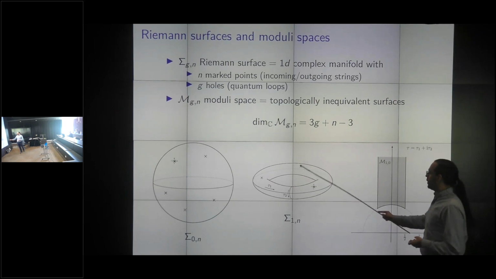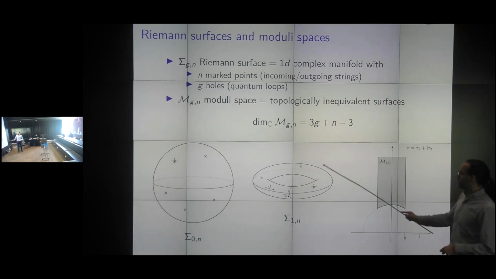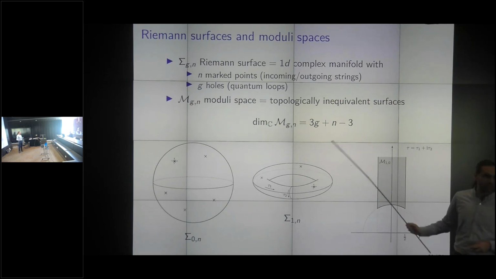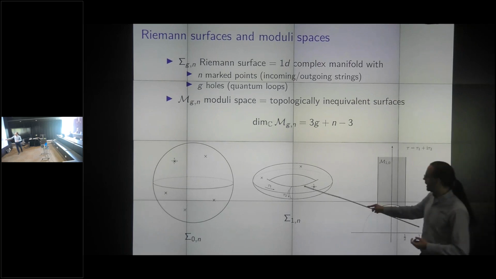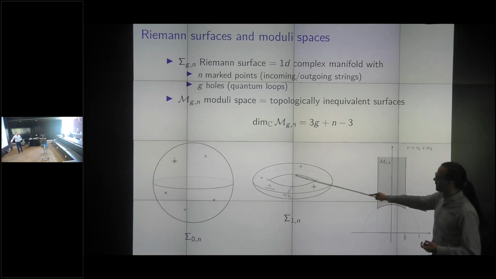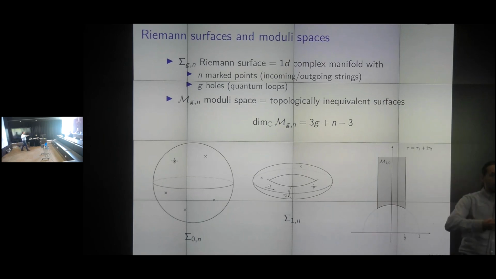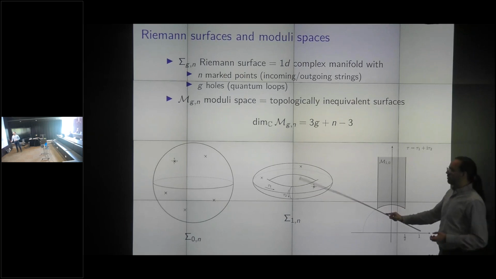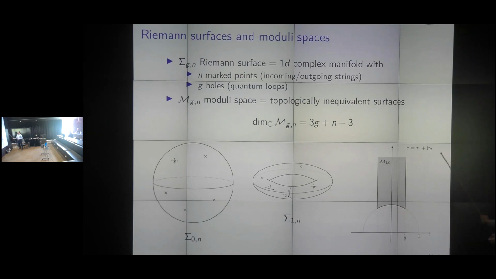For the torus, I can also move my points anywhere I want on the torus, but I can also deform the torus. Here I have two circles, the small circle and the big circle. So I can squeeze and move my torus. Now you can ask, what are the possible values of this τ?